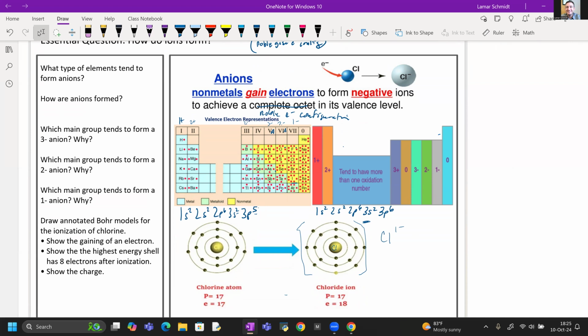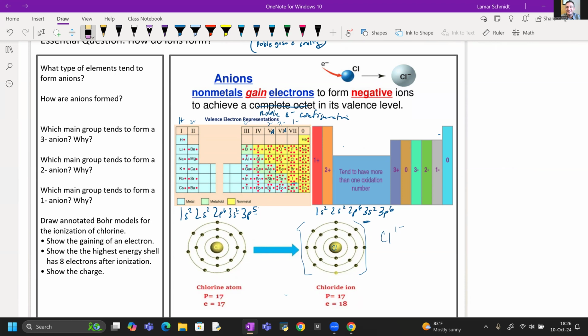It's gaining something negative, so it's going to form a negative charge. And so anions are formed by nonmetals, which gain electrons to form negative ions and achieve a noble gas electron configuration in their valence shell.